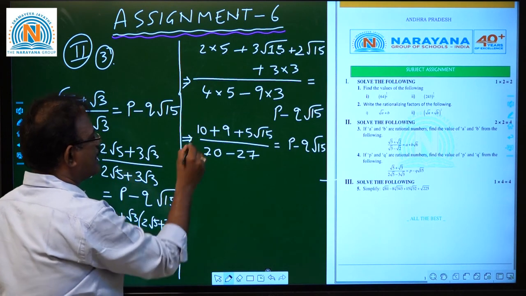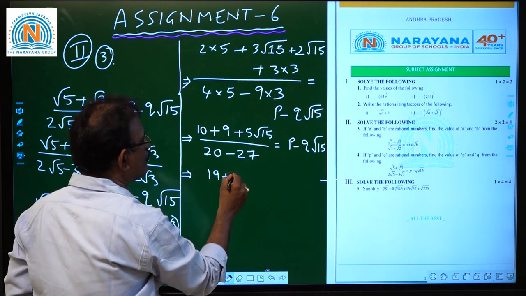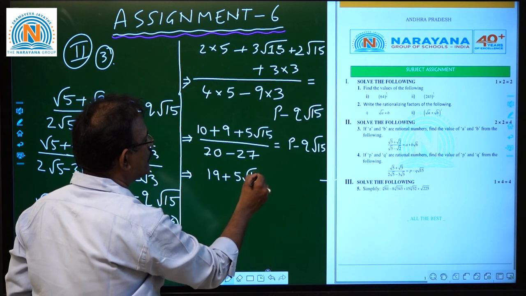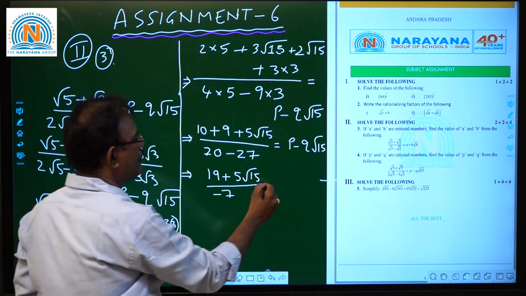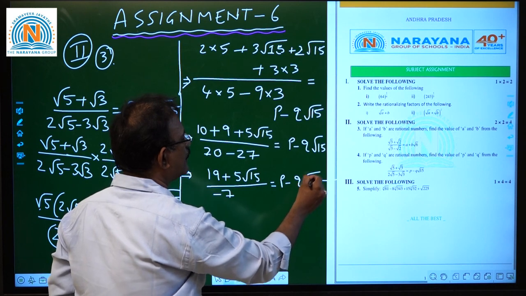So 10 plus 9, 19, plus 5√15 by minus 7 is equal to P − Q√15.